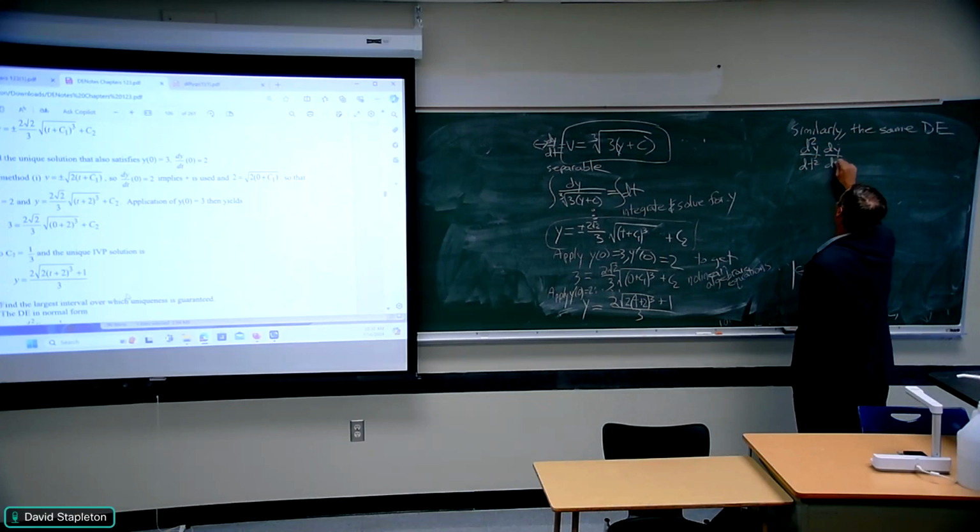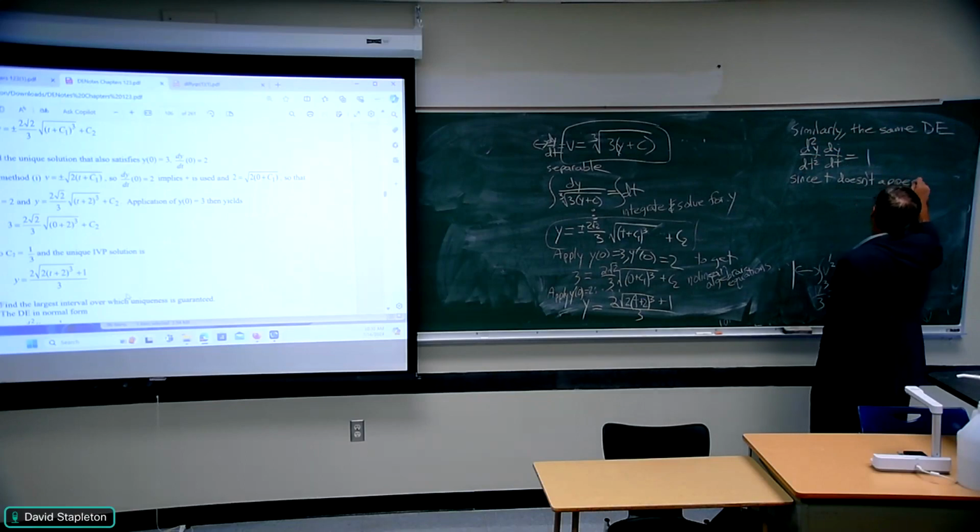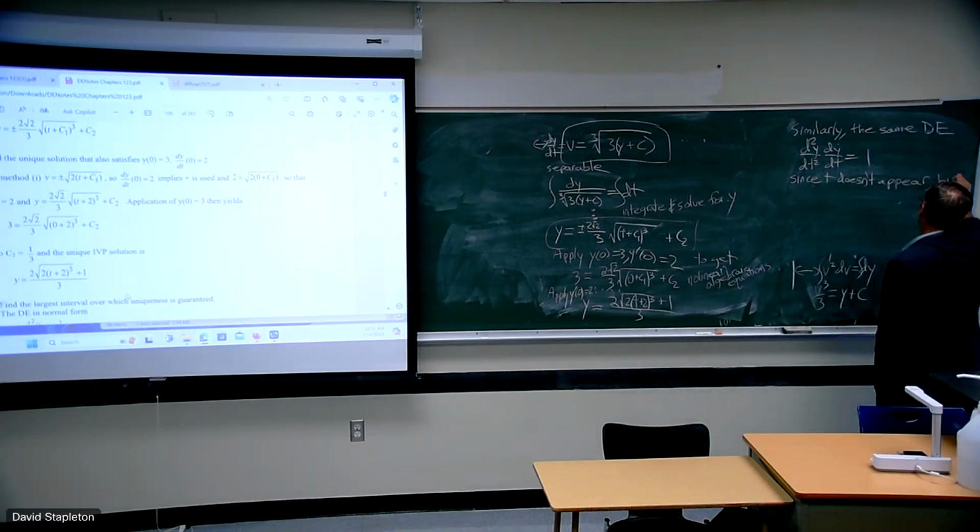How simple for a nonlinear equation, right? Since t is not explicitly present, t doesn't appear except as a derivative. We can also use method 1. So this one, either one of our two methods applies.